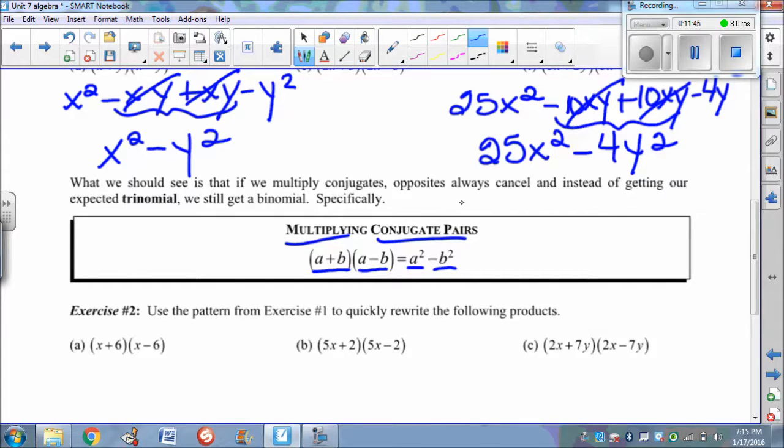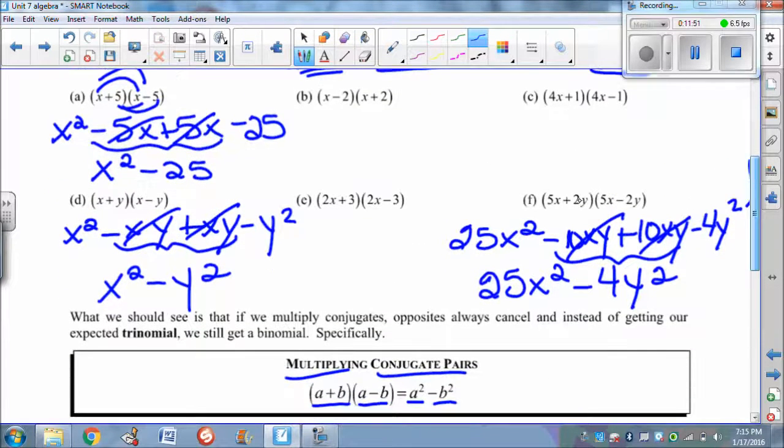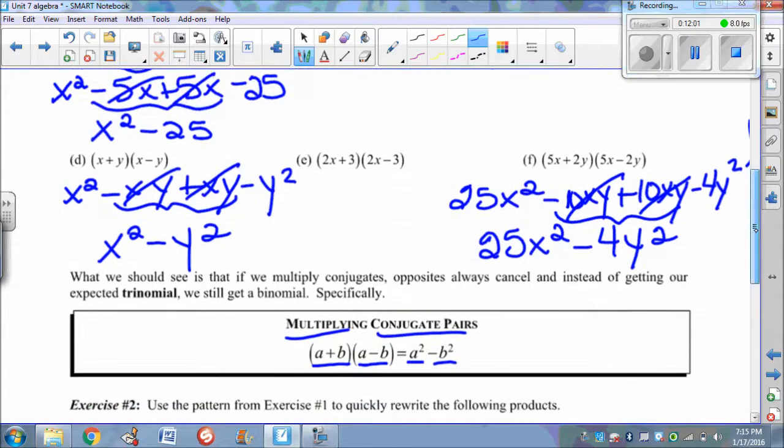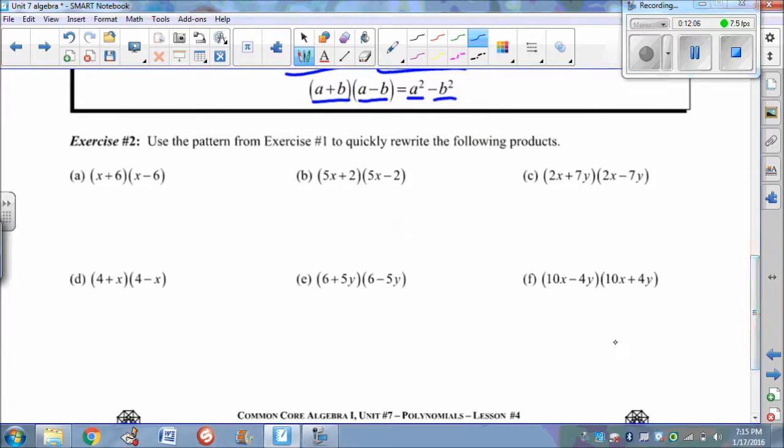So what I would like you to do is write in your own words what you started to see as a pattern. And maybe you didn't see a pattern right now as we did just A, D, and F. Go through and see what you get for B, C, and E, and then write in your own words what's happening when you multiply conjugate pairs. Okay?